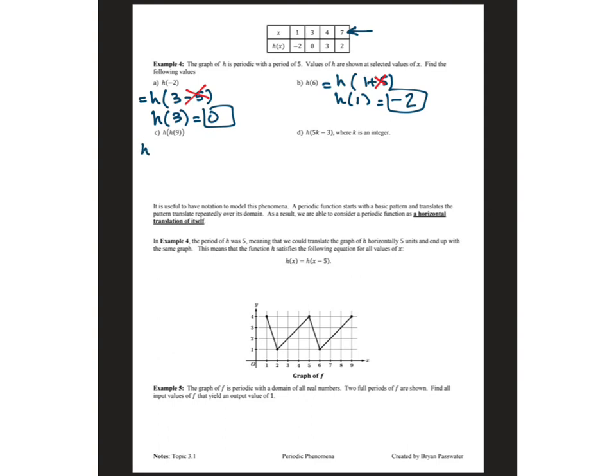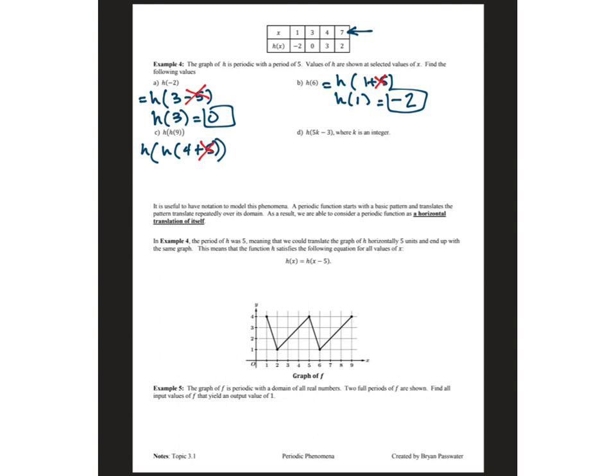H of 9. Let's start on that inside. H of 9 is going to be what plus or minus 5? 4 plus or minus 5. So 4 plus 5 would make the 9. Again, I can throw out the 5 because I know that it's cyclic.